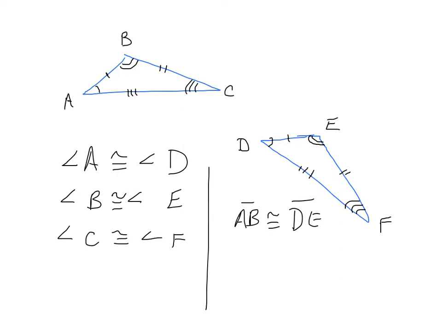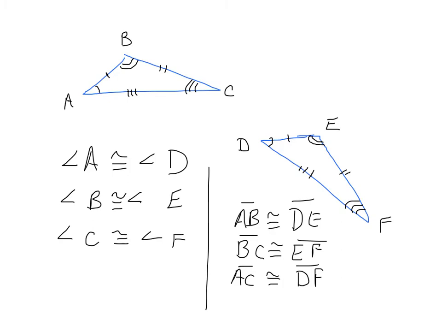So we can put that down. So BC is congruent to EF. And AC and DF are congruent to each other. So AC and DF are also congruent to each other.